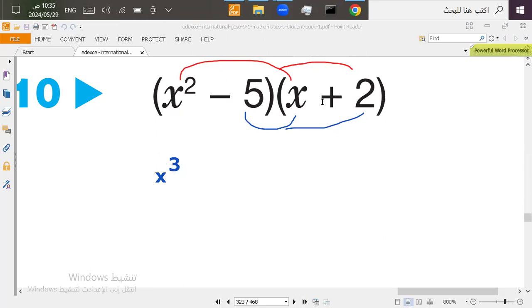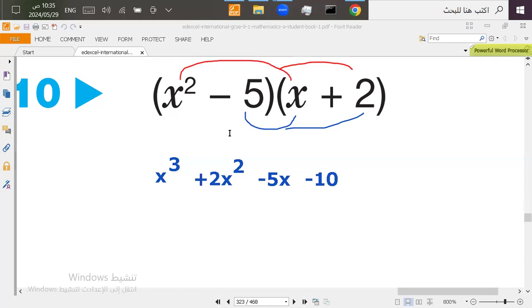And then x squared times 2 is going to be plus 2x power of 2. And then negative 5 times x is going to be negative 5x. And then negative 5 times plus 2 is going to be negative 10.